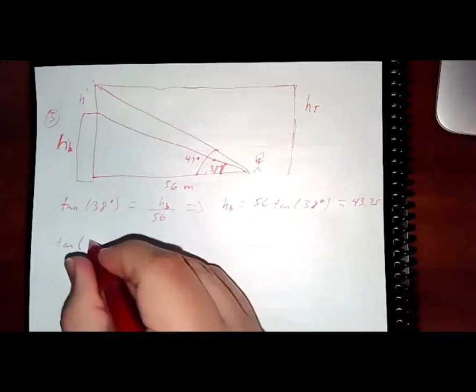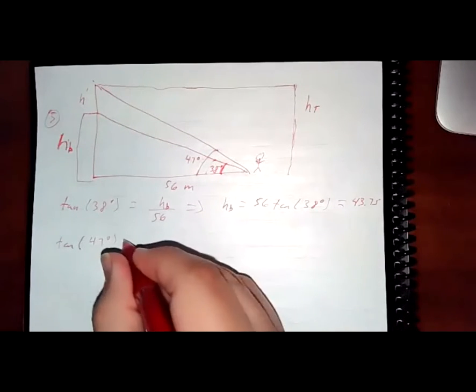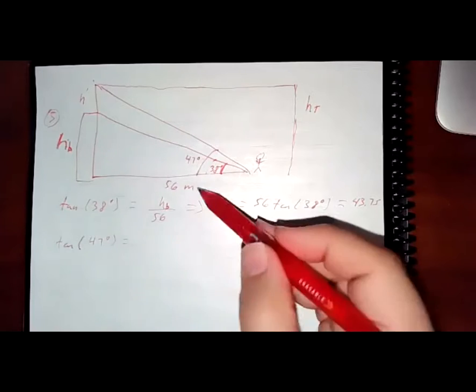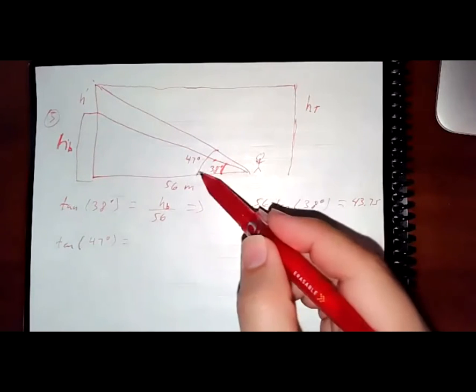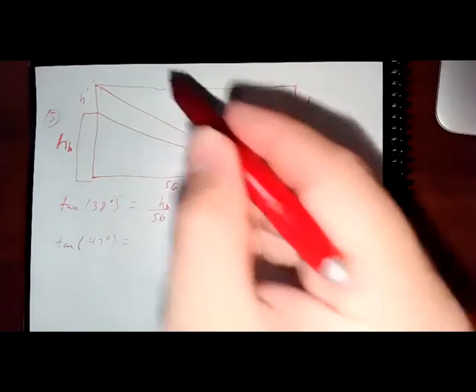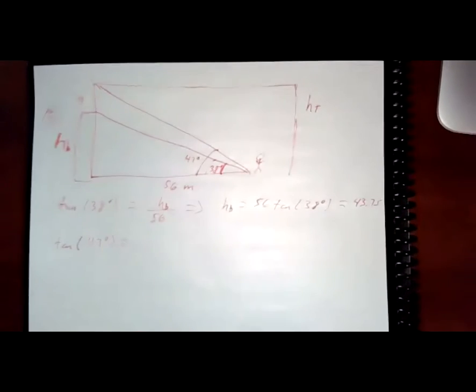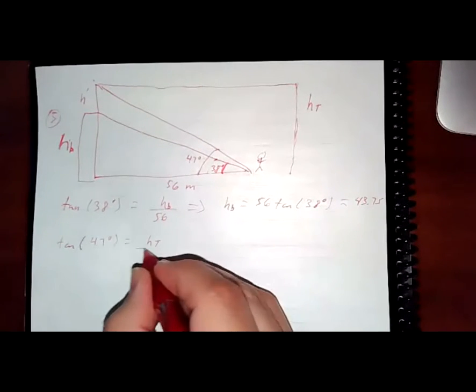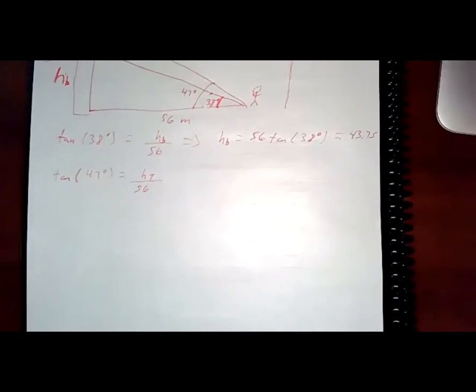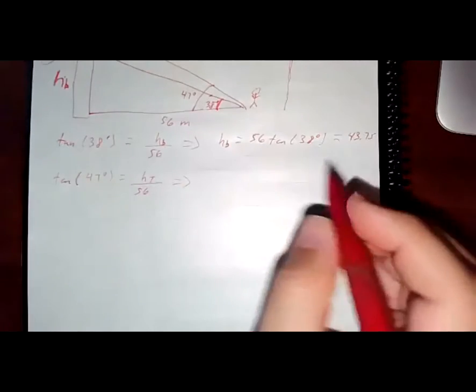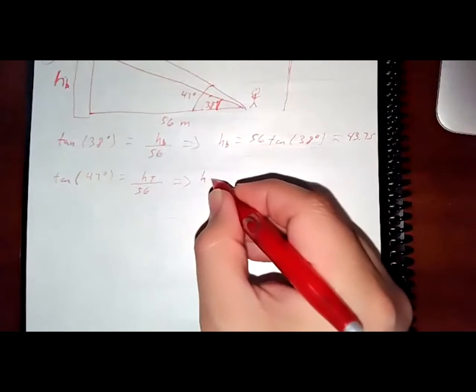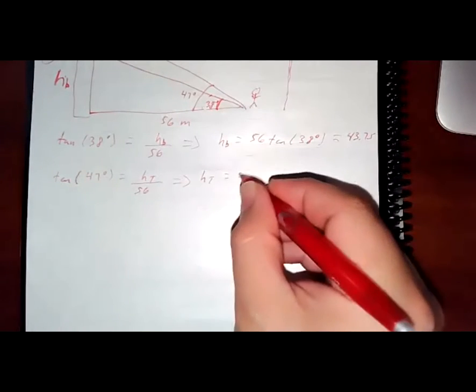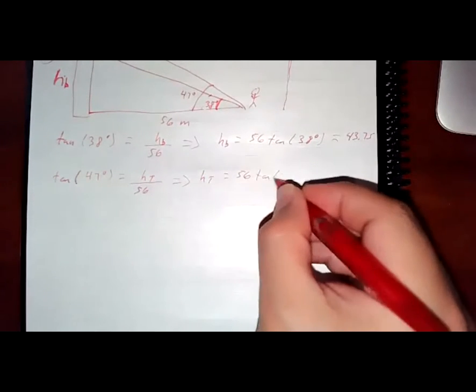So tangent of 47 would be equal to, so that's the entire thing. So it'd be opposite of 47 would be everything, right? You see that? Height total over the 56. So the base doesn't change for both of them. So then solve for height of the total thing. So that would be 56 tangent of 47 degrees.